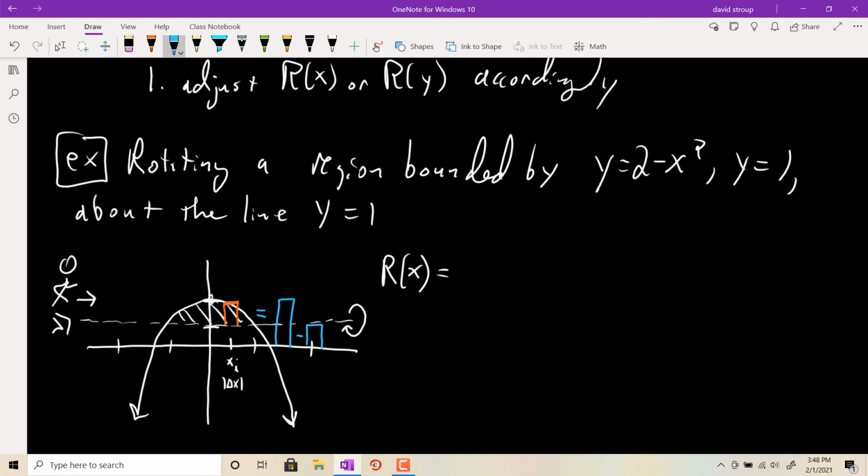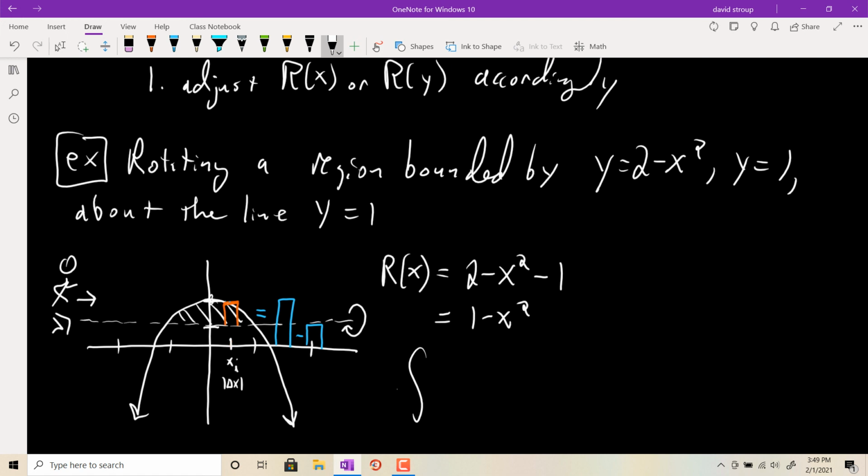So that's exactly what you want to put in the radius function. You want the formula that gives you the height of the big rectangle, which is 2 minus x squared, minus the formula that gives you the height of the smaller rectangle, which is constant in this case. It's just 1. It's always 1, no matter what x sub i position you're at. You can simplify the formula a little bit. It's just 1 minus x squared then.